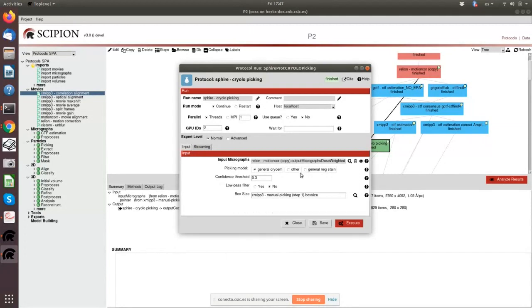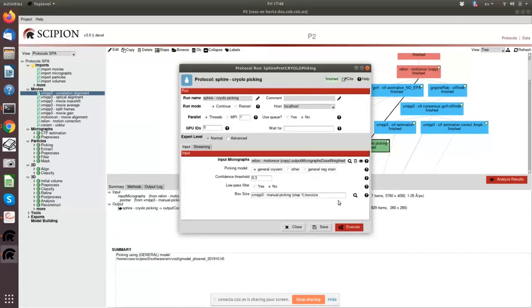You can either take a generally trained picking model for cryo-EM, or you can actually train your model. When you go to the plugin of Cryolo, there is a training protocol, or you can have a general picking model for negative staining, and so you don't have to train. Normally, I haven't seen a project where you really need to train. And normally the general models work correctly. The rest of the parameters also work correctly.